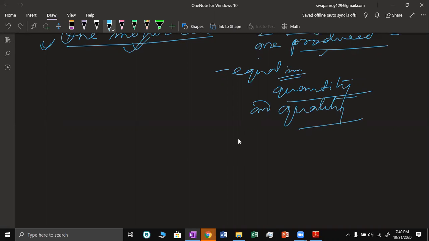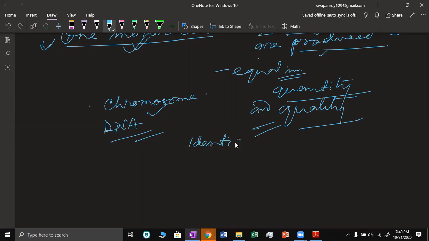So the DNA, the chromosome, in terms of the genetic material particularly, in terms of chromosome, in terms of the DNA, both the daughter cells will have identical.